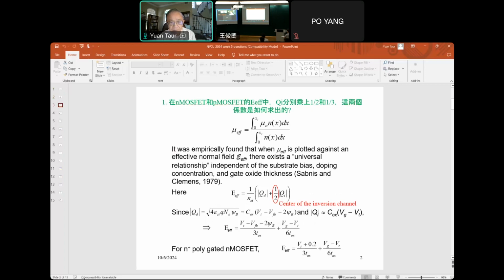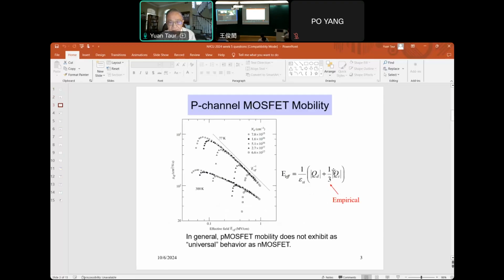But for the hole, this 1/3 is completely empirical. That's because if we use 1/2, like the electron case, then we don't have a universal curve, where all these different dopings would overlap together in a single curve.